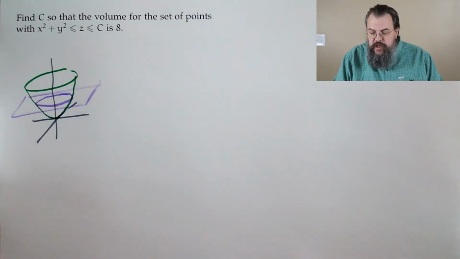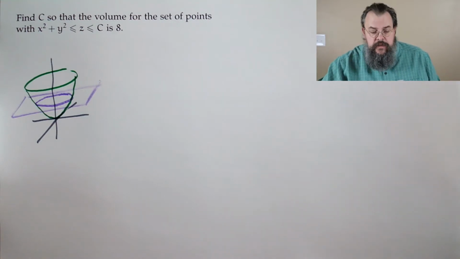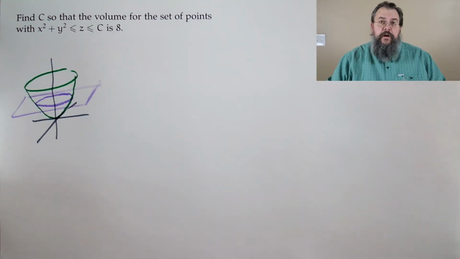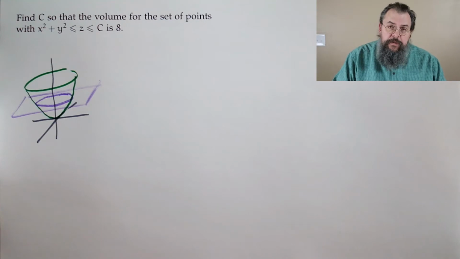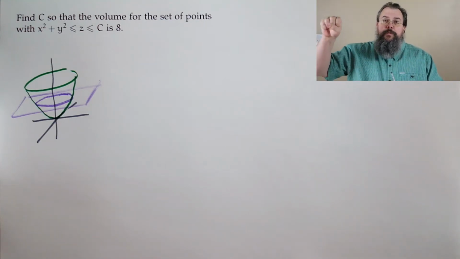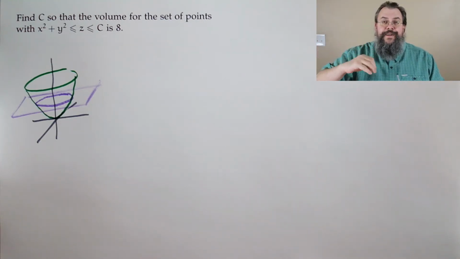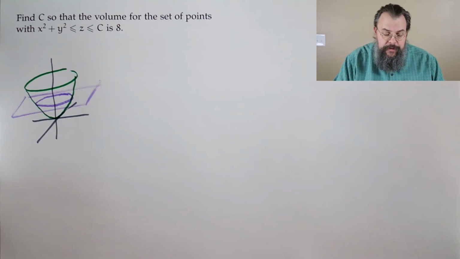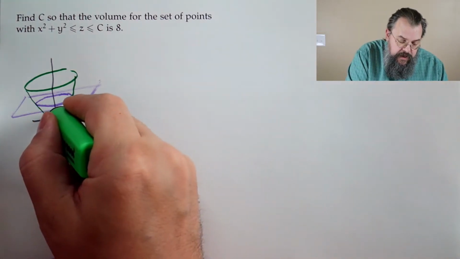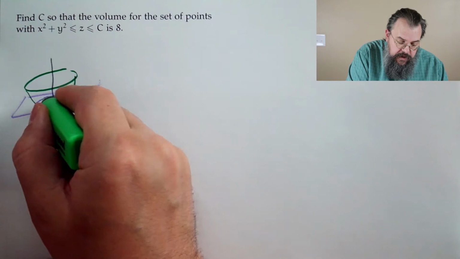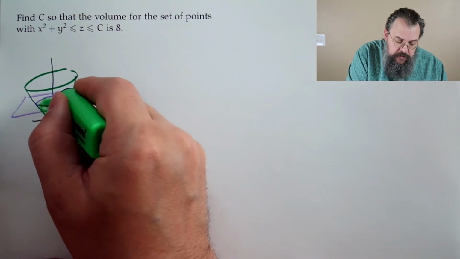In particular, when we talk about our shape, it's like we have a bowl and we poured some sort of fluid in up to a depth c. And so that's our shape here, this part that's been filled.